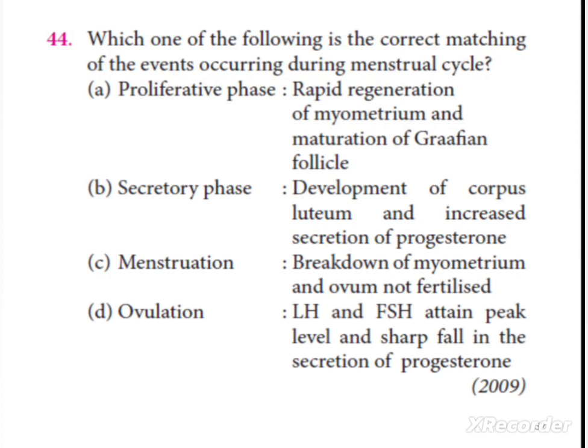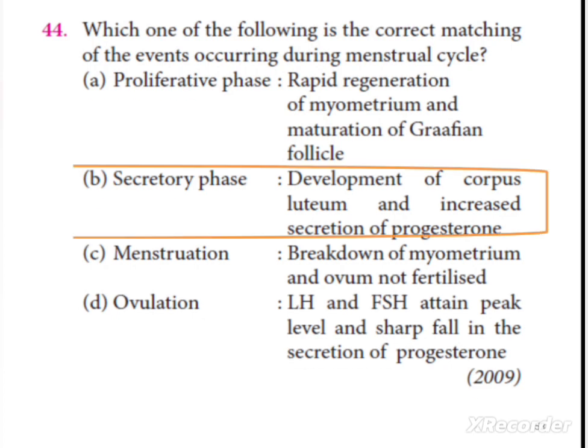And events also on the side: rapid regeneration of myometrium and maturation of Graafian follicle; development of corpus luteum and increased secretion of progesterone; breakdown of myometrium and ovum not fertilized; then for ovulation, LH and FSH attain peak level and sharp fall in the secretion of progesterone. Now the correct answer is B.